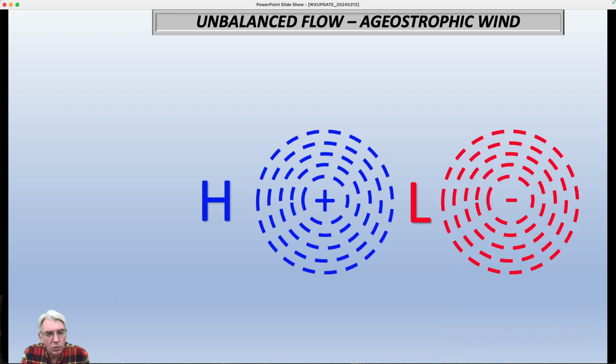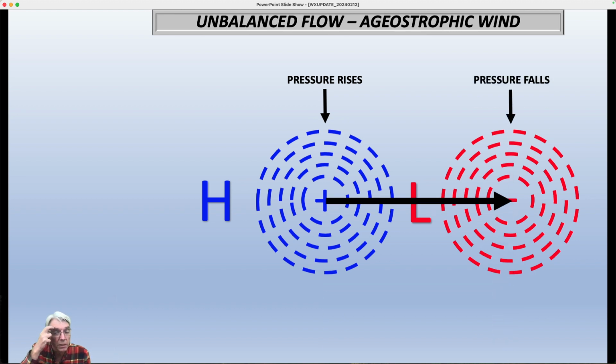So we have pressure rises there, we have pressure falls here, and as a result, the wind blows from the biggest pressure rises to the biggest pressure falls. And so you end up getting a wind like this. And in these types of situations, the winds will cross the isobars at a much, much more severe angle than they will if the flow is fairly balanced.